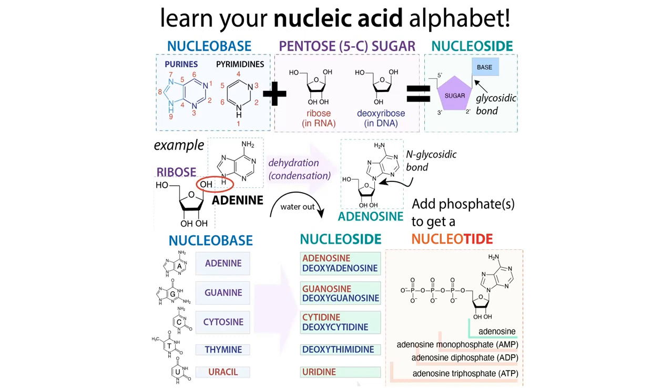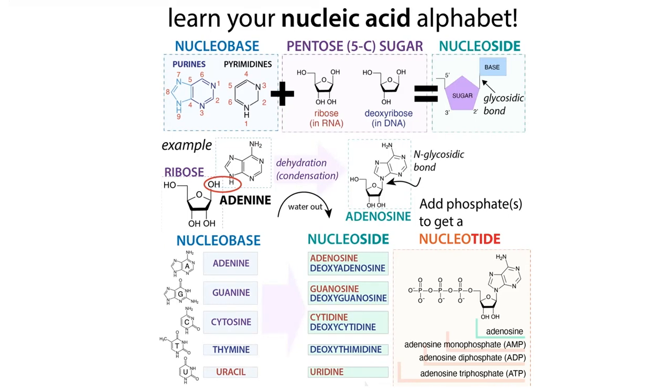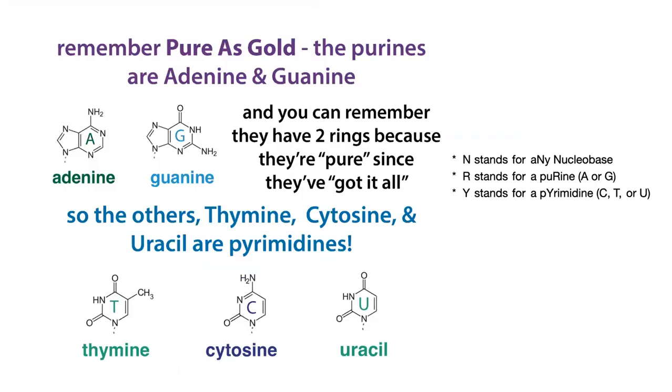So if we talk about how many phosphate groups it has, we would need to say nucleoside triphosphate. So we typically just say AMP, ADP, or ATP. If we want to refer to any generic nucleotide, we can use the term NTP or dNTP, going back to the idea that we can use this N as a filler for any nucleobase.